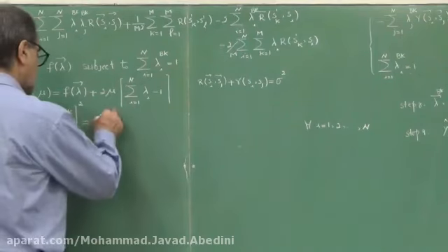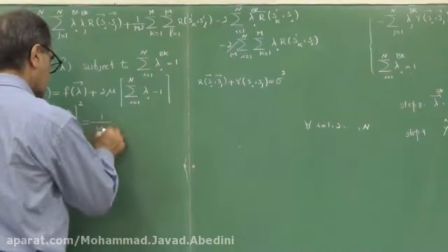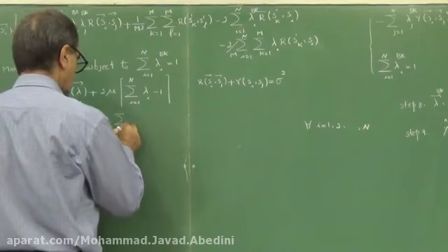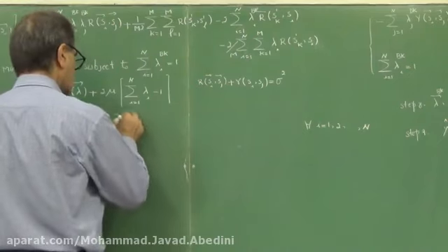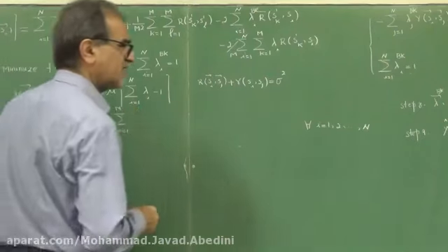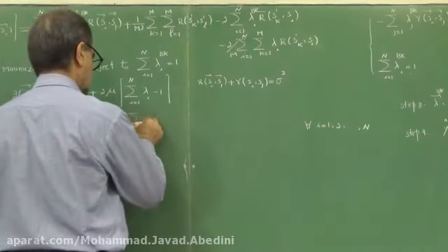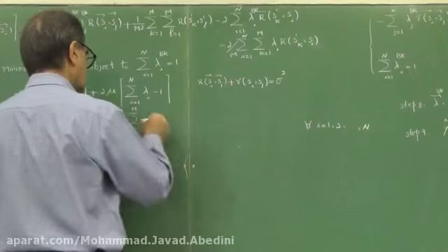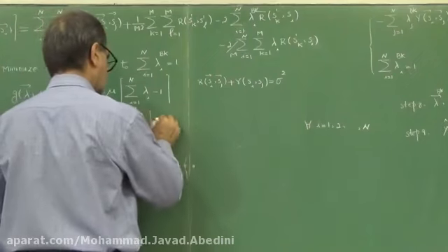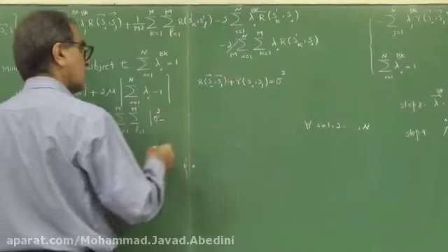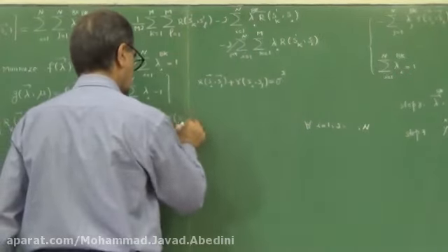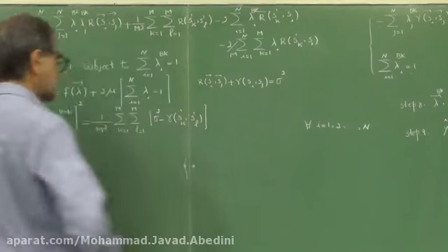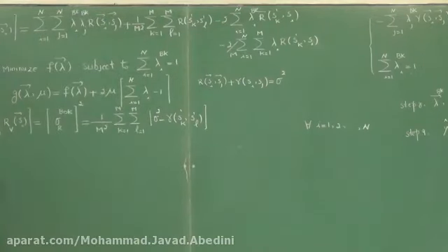It will become 1 over m square, summation k from 1 to m, L from 1 to m, and then you would like to replace that one with S prime K, S prime L. This is how to replace R with gamma.